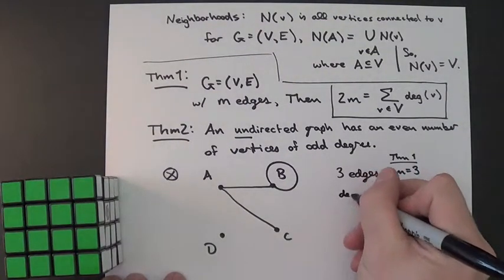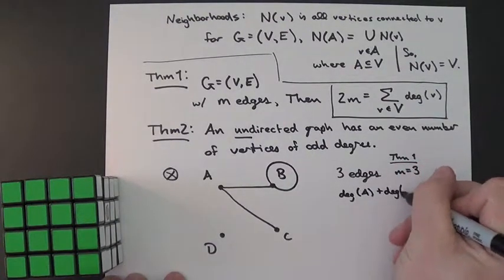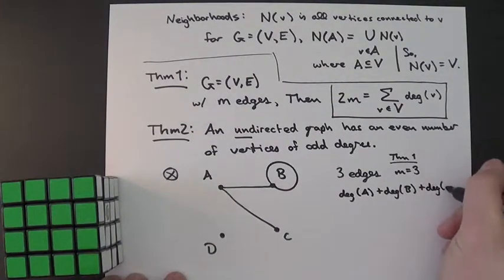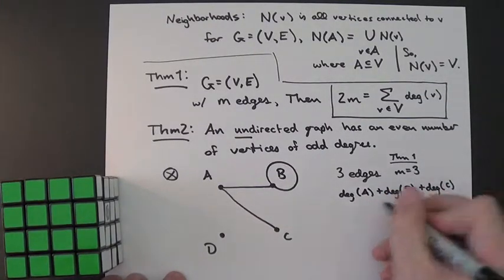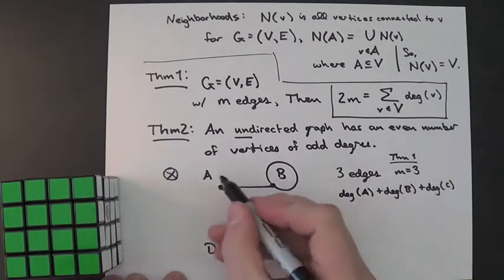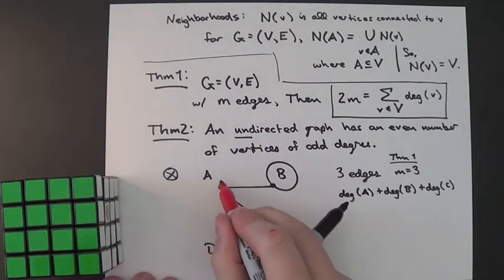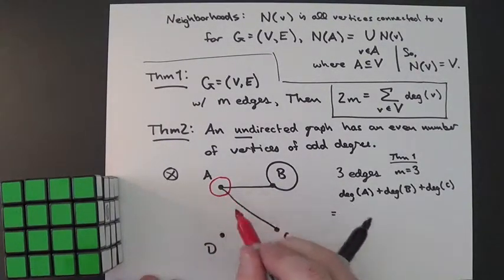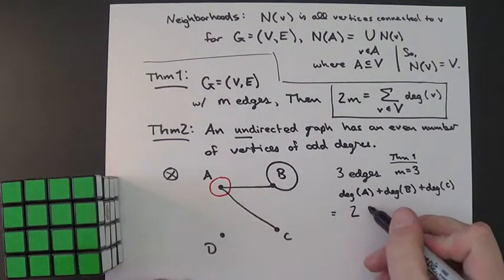And the degree of A plus that of B plus that of C plus D, but D's 0, and I'm running out of space. So if we add these degrees together, the degree of A, if we zoom in here on A, or look inside this circle, we can see there's 1, 2 connections to A, so the degree of A is 2.